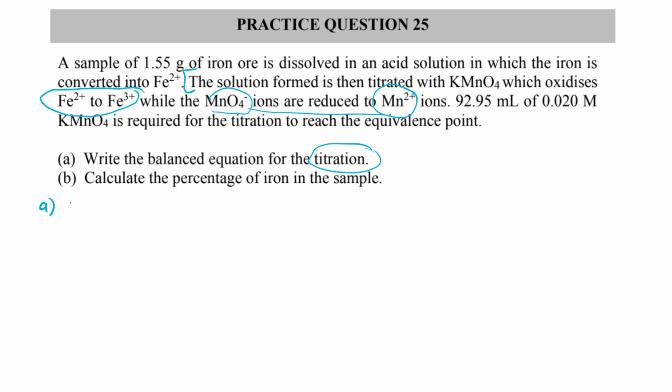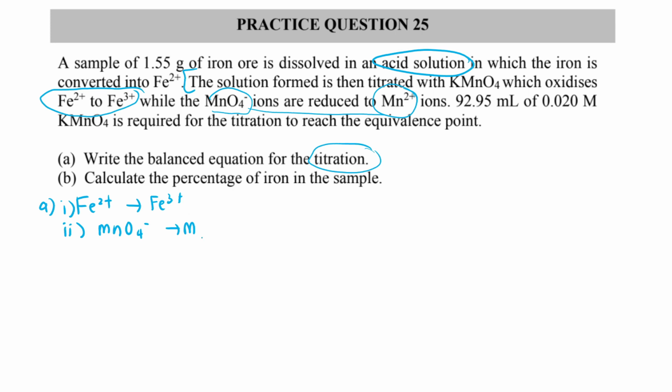So the first one, Fe2 plus to Fe3 plus, first half equation. Second half equation, we have MnO4 minus pada Mn2 plus. Okay, so soalan ni dia tak mention in acidic or basic medium. So, oh sorry, ada in acid solution.